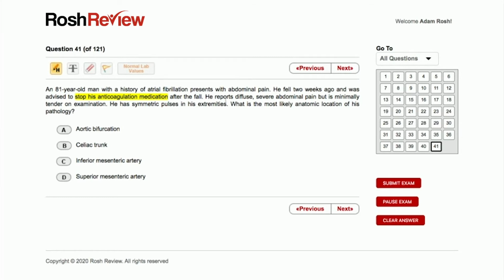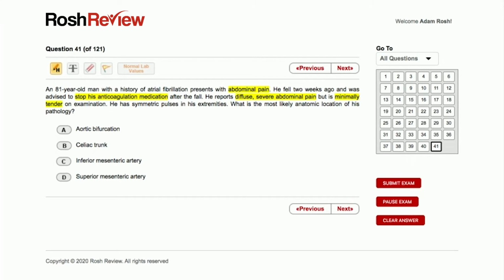And let's look at a few other really important areas. One, he presents with abdominal pain. And what's interesting is his abdominal pain shows minimal tenderness. And anytime I see diffuse or severe abdominal pain without tenderness, right, that's pain out of proportion to exam.